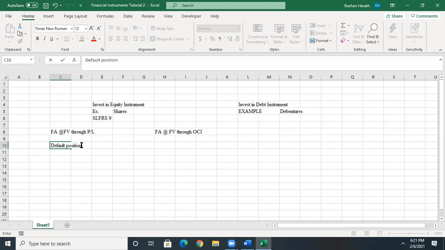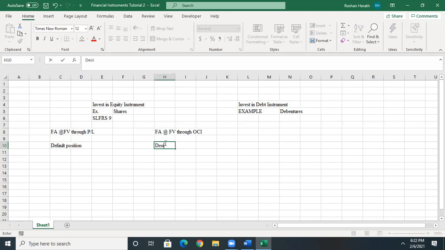Whatever investment you make in equity instruments belongs to financial asset at fair value through profit or loss. But SLFRS 9 gives you an option: rather than the default classification, you can designate a particular investment as financial asset at fair value through other comprehensive income.